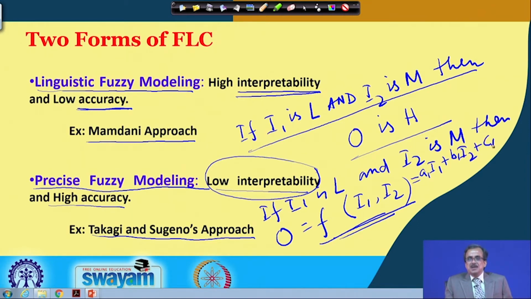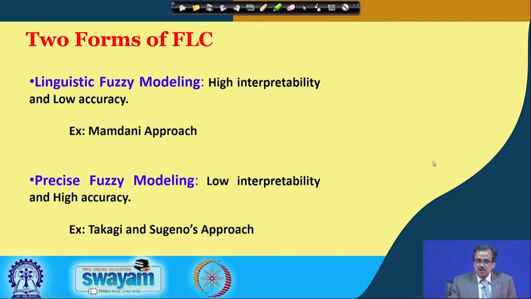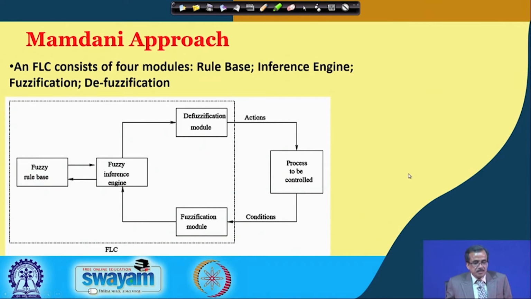If I write the output like this, no control action directly comes to my mind, and that is why the interpretability of this type of fuzzy reasoning tool is less. Now, I am going to discuss this Mamdani approach in much more detail.